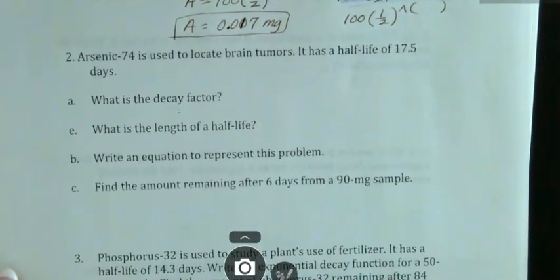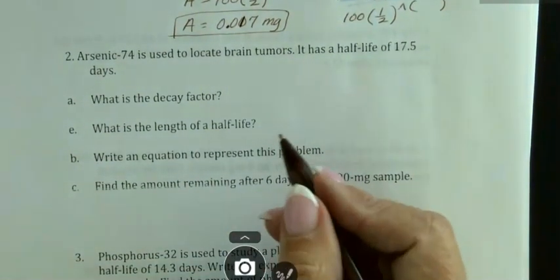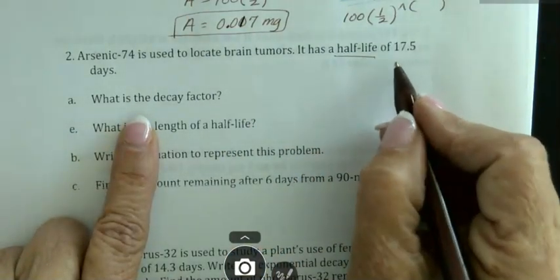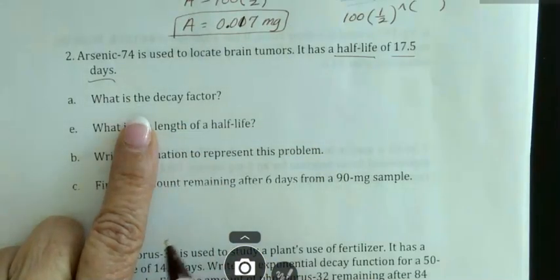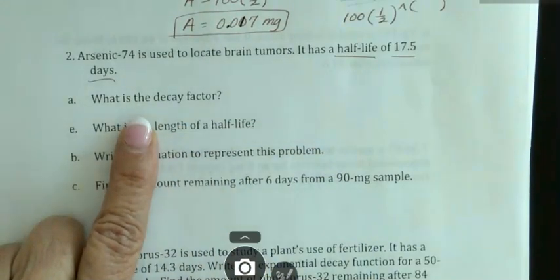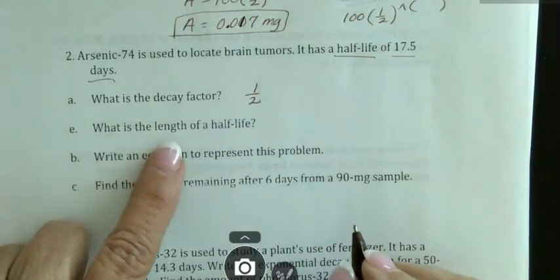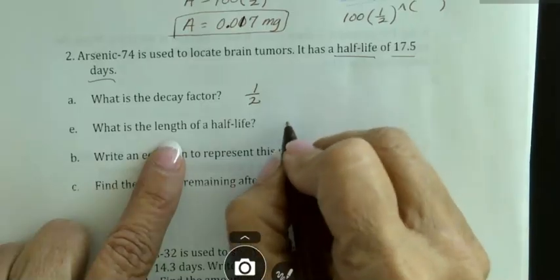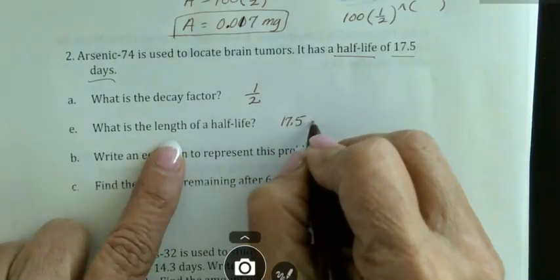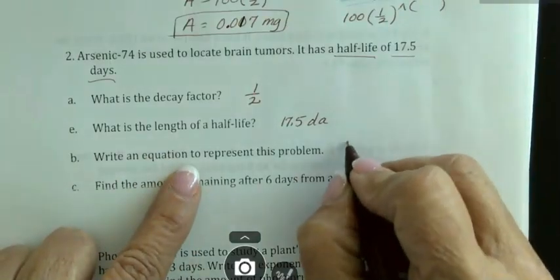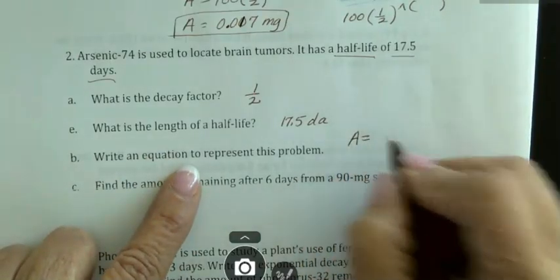So I'll run through another one for you real quick. Again, we are doing a half-life. It's 17.5 days is how long it takes for it to occur. And we're doing arsenic 74. So again, your decay factor is a half because it is a half-life. The length of the half-life is 17.5 days. Okay? And our equation again is this is how much is going to be left.